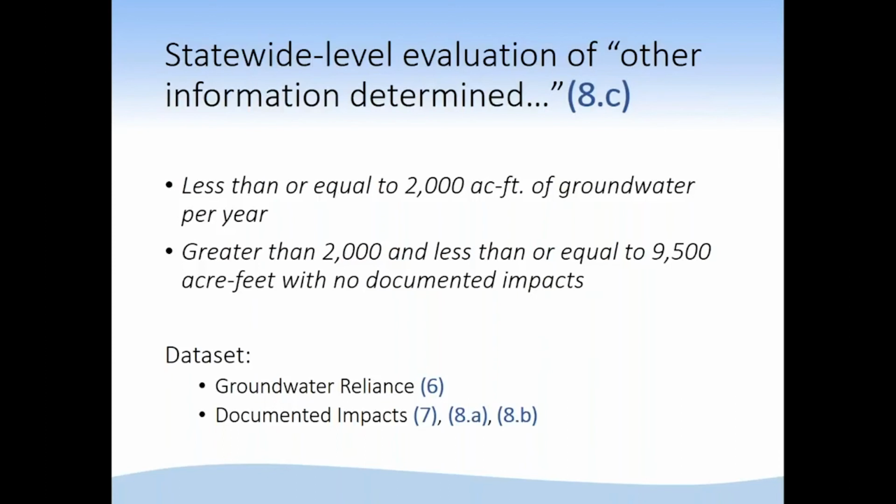The first analysis involved groundwater volume: whether the basin was less than 2,000 acre-feet of groundwater per year, and the second, greater than 2,000 but less than or equal to 9,500 and with no documented impacts. To answer those two questions, we had to use groundwater reliance, the groundwater volumes associated with component 6A, and the documented impacts identified in 7.